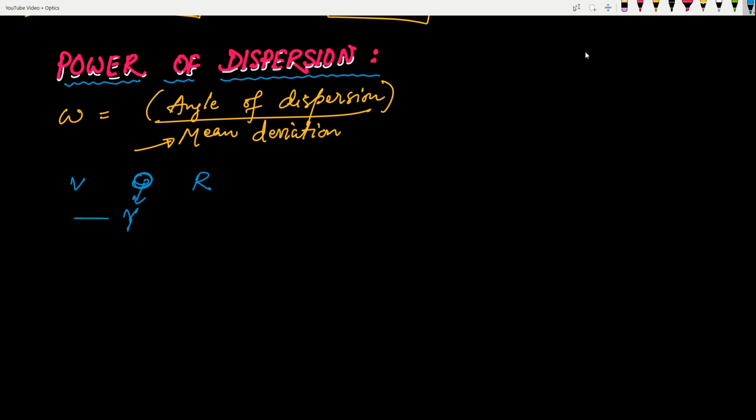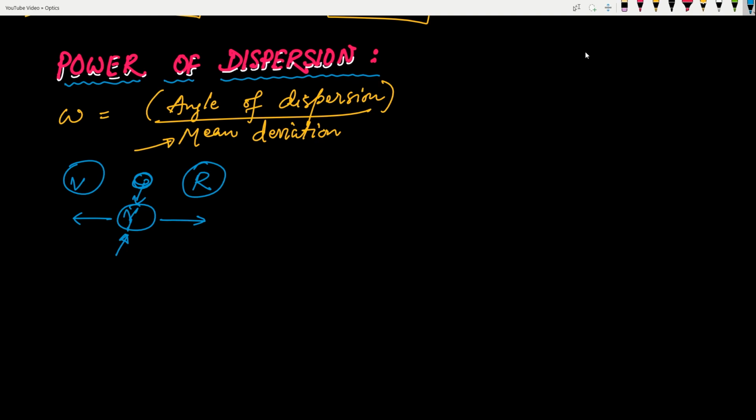If you look into the visible wavelength spectrum, from violet to red, the center wavelength is for yellow light. So we say that the mean color for VIBGYOR light is yellow, and the mean deviation will be taken for the color yellow.